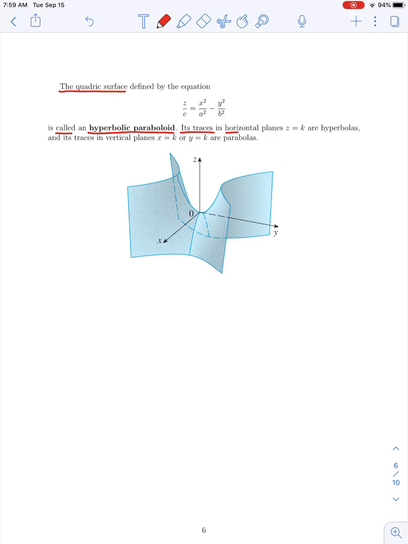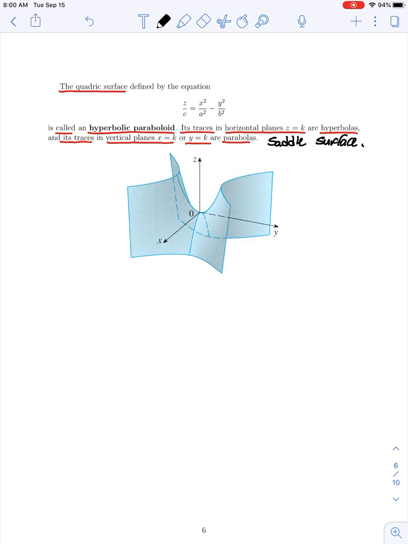The traces of such a surface in horizontal planes, of the form z equals k, would be hyperbolas, and its traces in vertical planes, x equals k or y equals k, are parabolas. So we have the surface shown here below. This type of surface is also sometimes referred to as a saddle surface. We'll see a little bit more about different types of saddle surfaces, and why this would be called a saddle surface, a little bit later in this course.